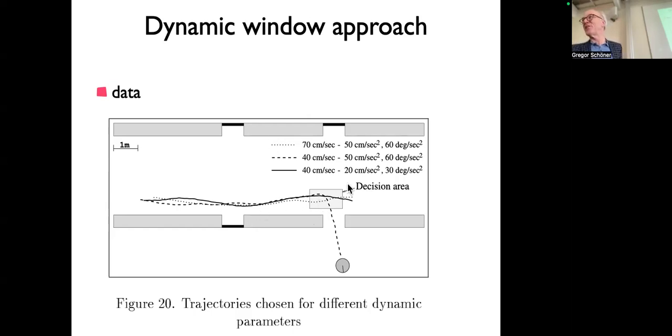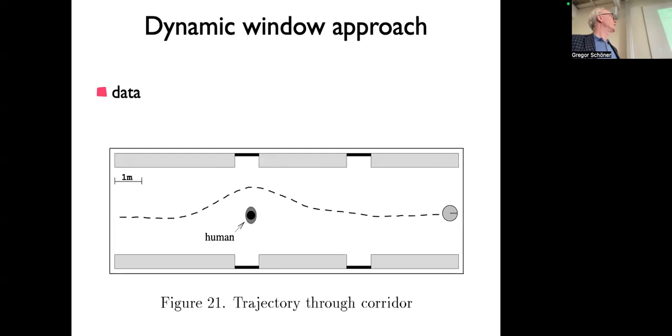So it misses the opening, because within that window there is no way it can do that. The solid line is going not as fast, but I think there's something about its turning rate being slower, so it can't make the turn. I don't remember exactly what quantities qualified it. So the parameters have to be right for it to be able to turn in time and do that. The main cool thing about that is it was really moving relatively fast.